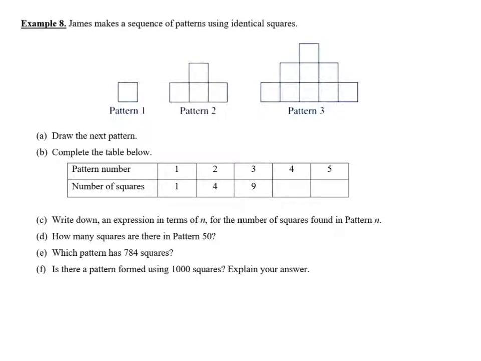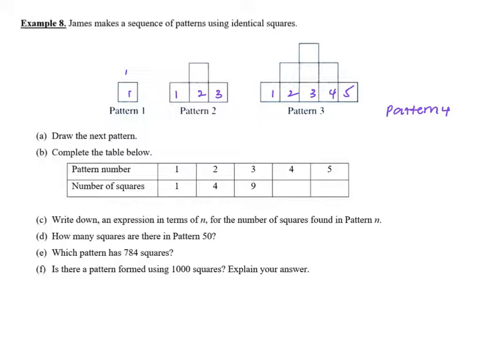Example 8. This pattern is made by drawing squares. I have originally 1 square, and now I added 1, 2, 3 more to get the sides. And then now I have 1, 2, 3. Here I have 1, 2, 3, 4, 5. So what will be pattern 4?